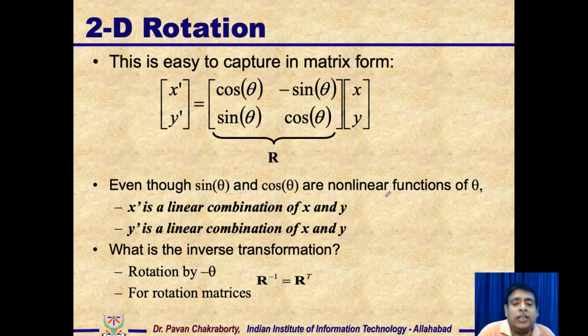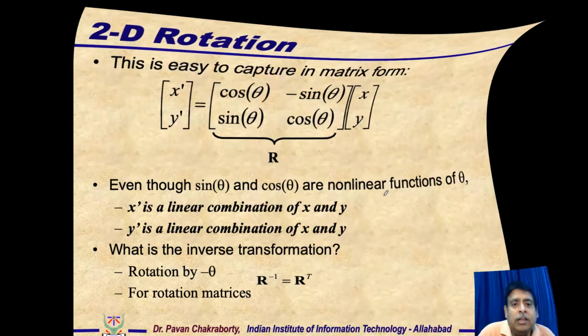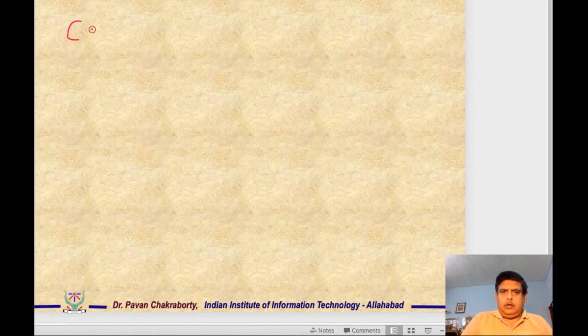What is the inverse transformation? Rotation by minus theta, that is a rotation R to the power minus 1, is effectively R transpose. This can easily be proven.